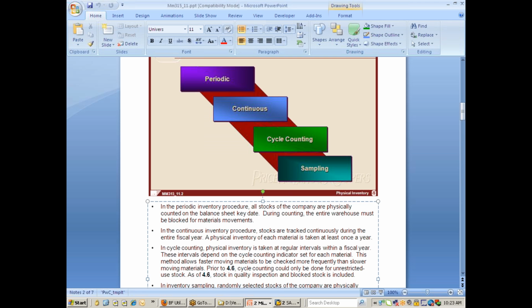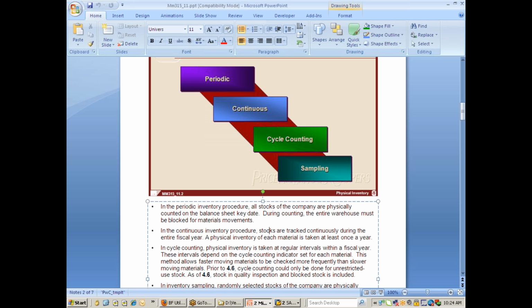In case of sampling, you really don't count all the materials or all the pieces of a certain material. Instead, you take some material as a random sample, you count it, and then you calculate a final figure. Again, let me take a retail industry, for example detergent soaps or bathing soaps.